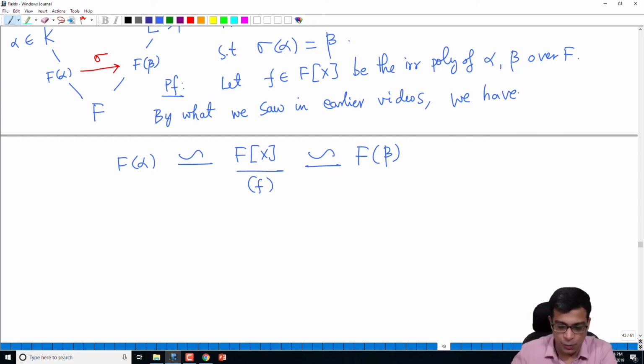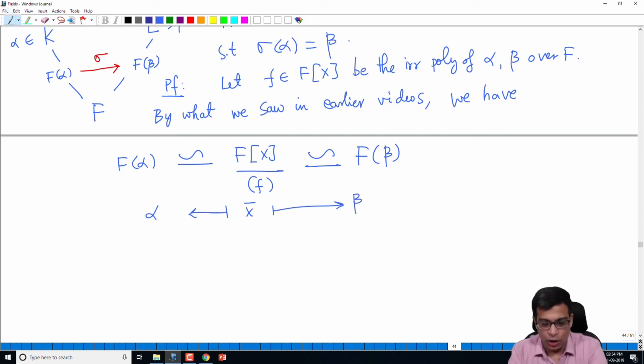And what is this isomorphism? Here, remember x goes to alpha. Here x goes to beta. Because this map sends any polynomial to its evaluation at alpha.